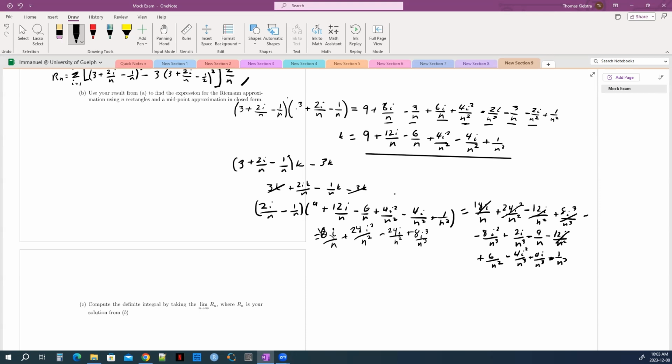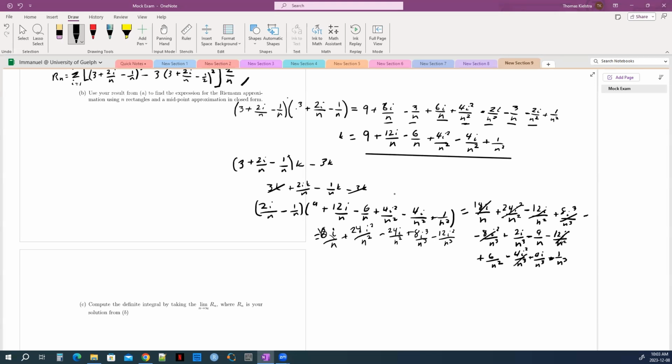Now, i squared over n cubed, we have minus 8 minus another 4, so it's going to be minus 12i squared over n cubed.